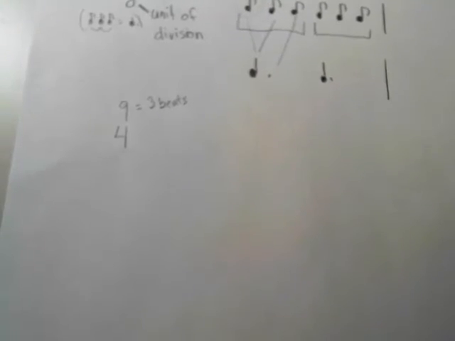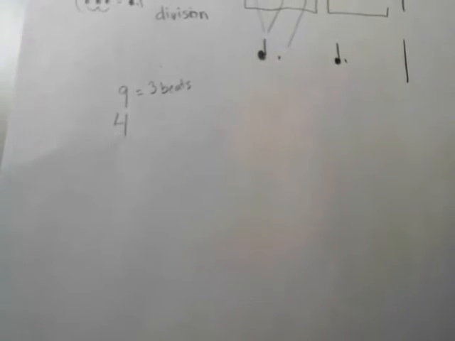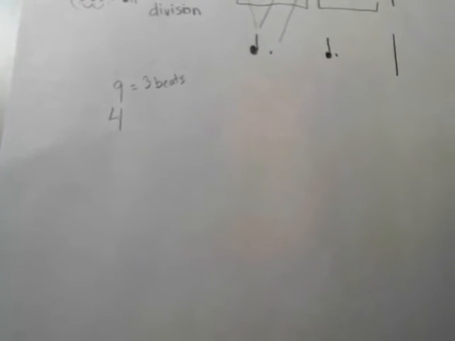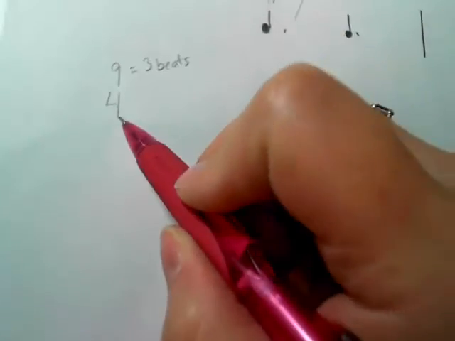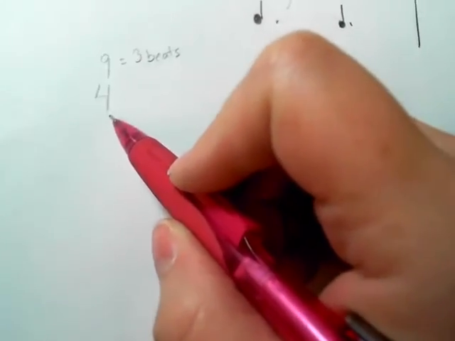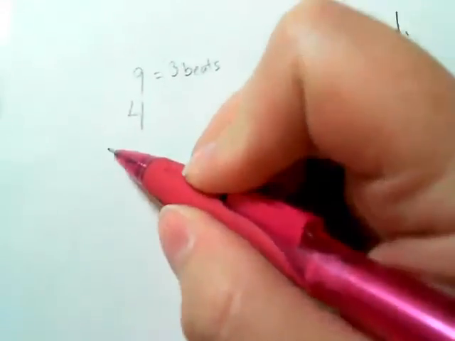The bottom number is not the unit of beat. The bottom number does refer to a quarter note, but it does not refer to the unit of beat. Remember, it refers to the unit of division. So I'm going to have 9 quarter notes in each measure, but that does not tell me what the beat is. But I can get there. If I think about the division as always a division of 3, I can add 3 quarter notes together.